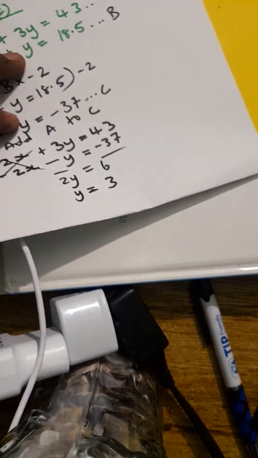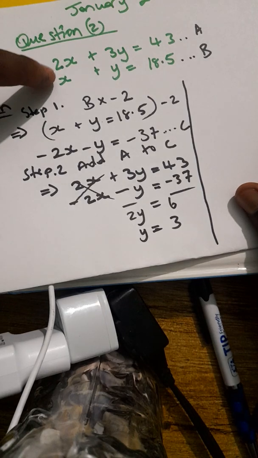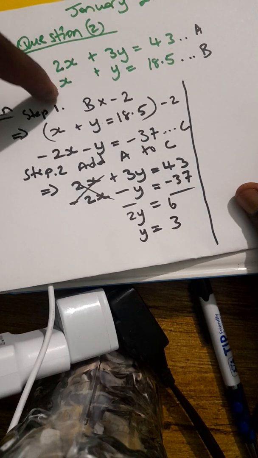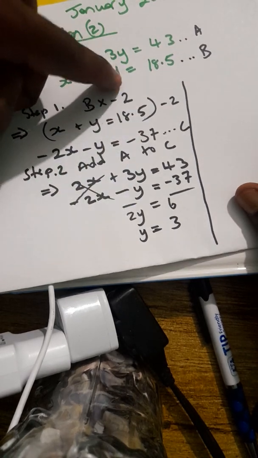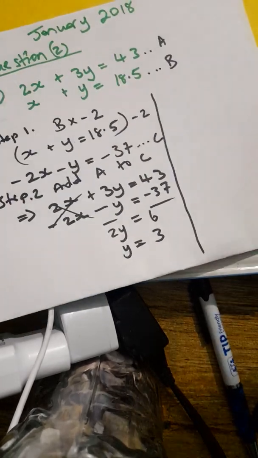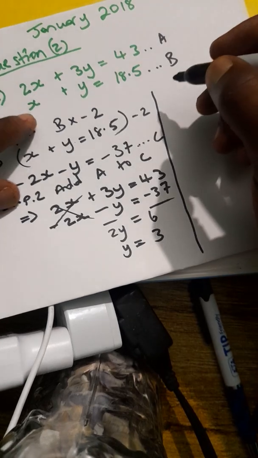Alright, so normally what you do now is substitute y into one of the equations to get x. Which one is the best one? This one, because it has less work, x already. So substitute y into equation b. Don't worry about the decimal. That's alright. So let us rewrite.